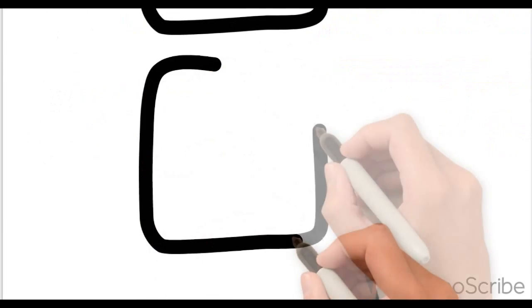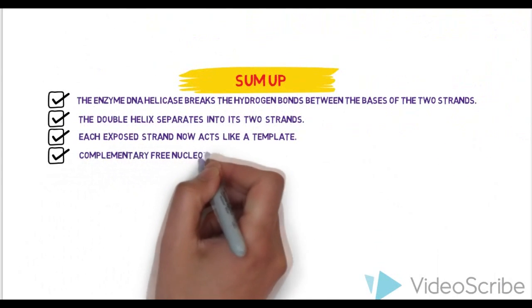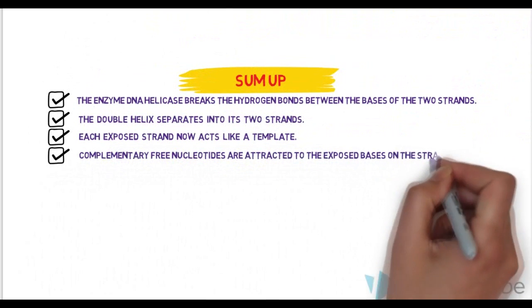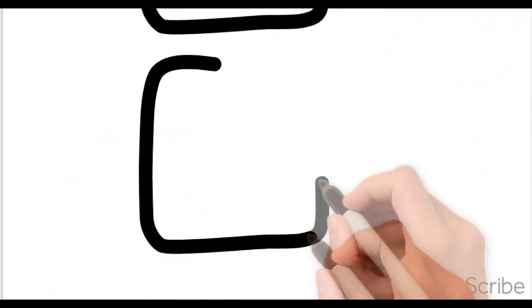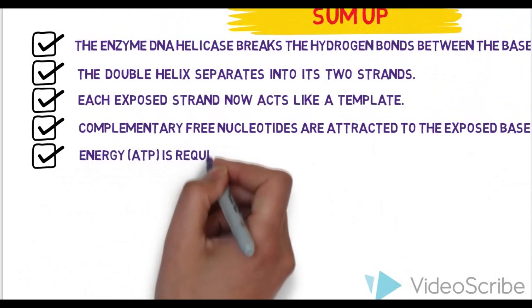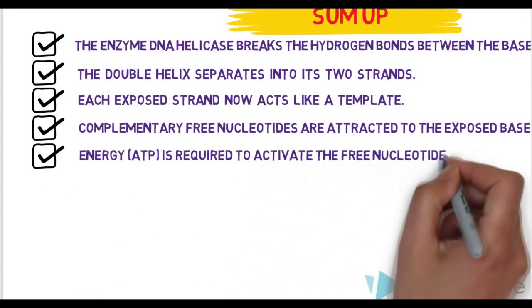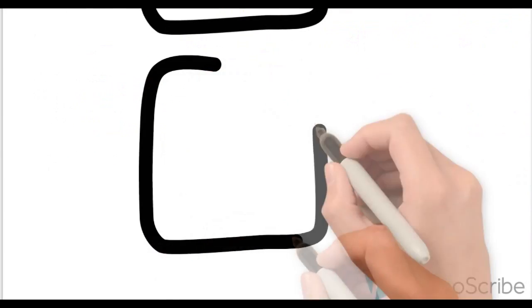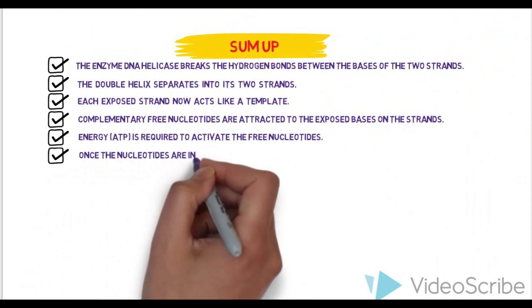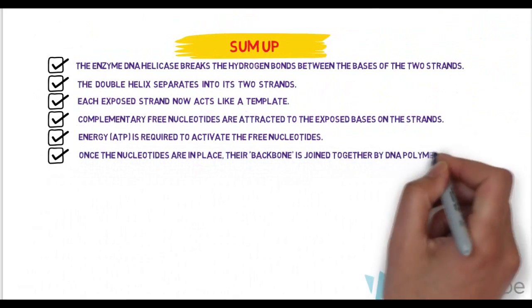Fourth, complementary free nucleotides are attached to the exposed bases on the strands. Fifth, energy, ATP, is required to activate the free nucleotides and attach them to the bases. Sixth, once the nucleotides are in place, their backbone is joined together by DNA polymerase.